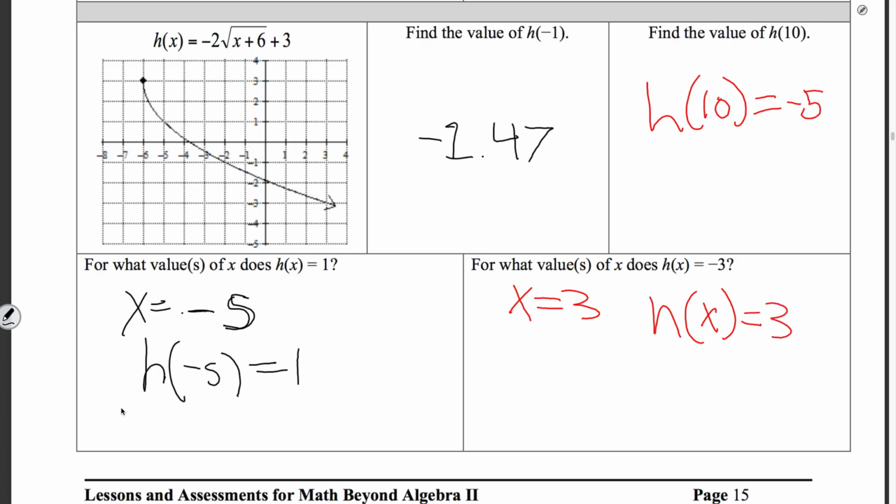X equals 3, y equals. So you want h of 3, x is 3, right? And what is your y value? Right there. It's on the problem. -3. So negative goes here. Yeah, put a negative in front of that 3. There you go. H of 3 equals -3.